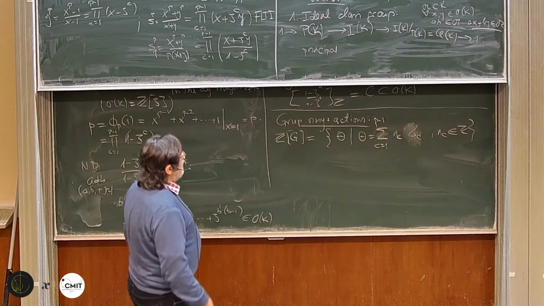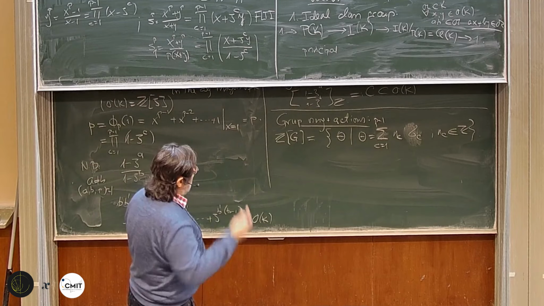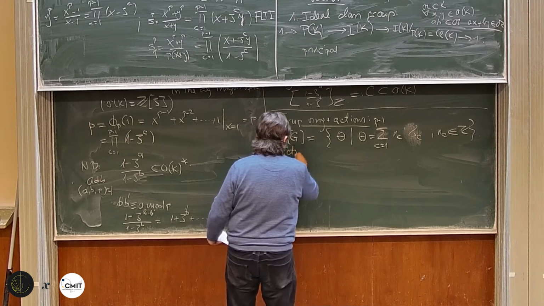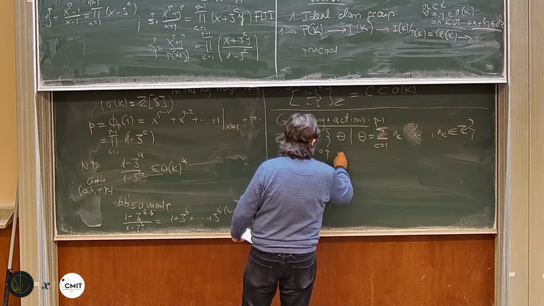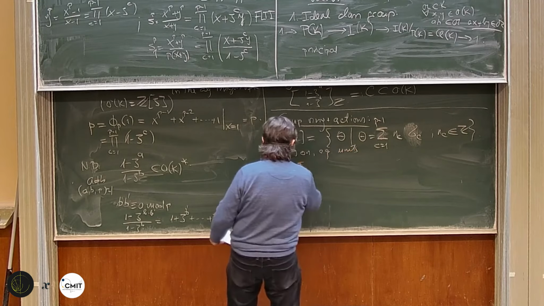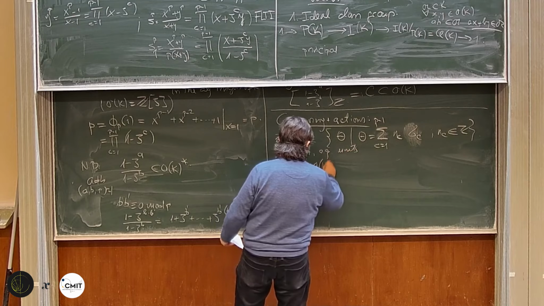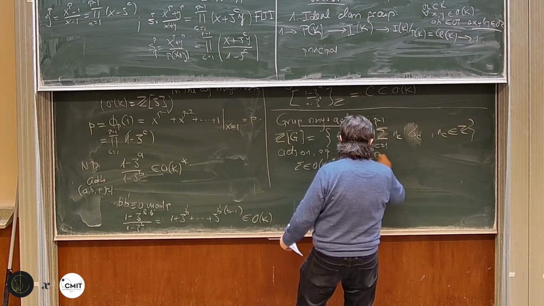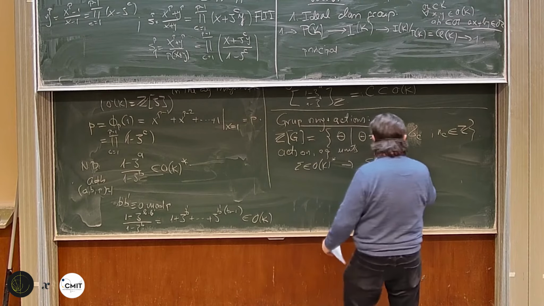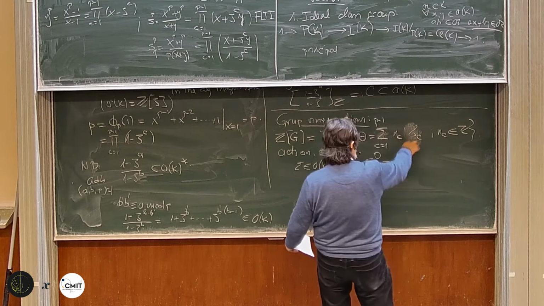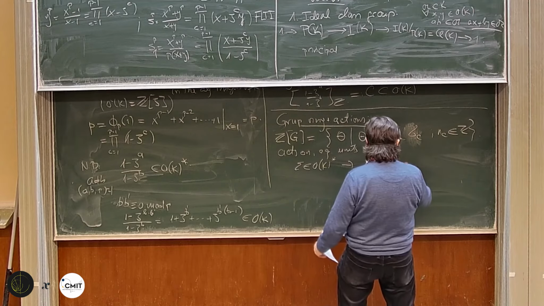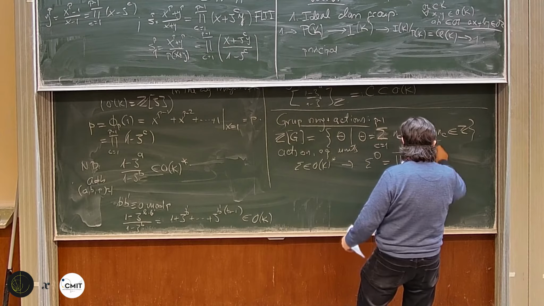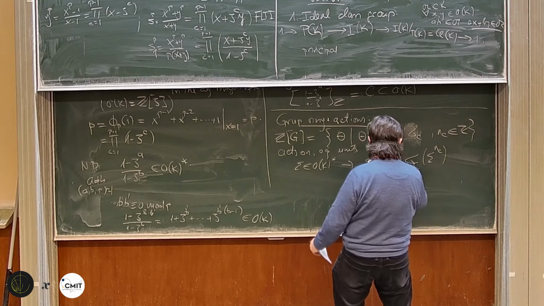And now, this group ring acts, for instance, on units. So if I have a unit epsilon, then theta acts on it as follows. The effect of the action will be the product of the automorphisms acting on the n_c power of epsilon.